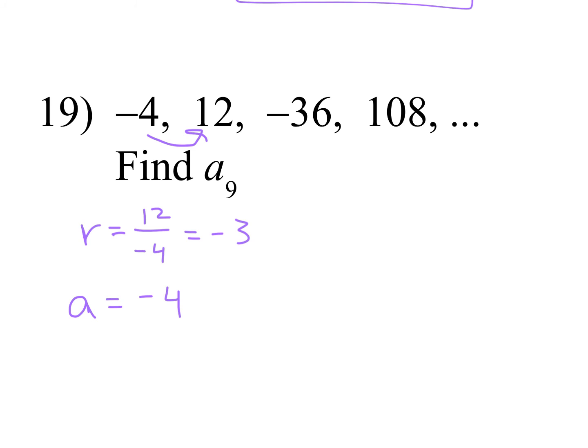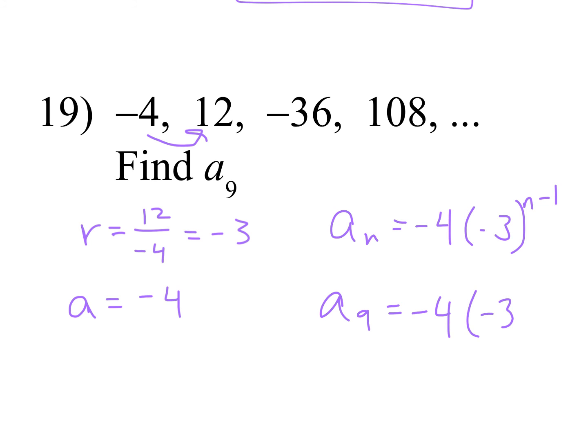Negative 4. So we plug that in. We have a sub n is equal to starting term times our ratio to the power of n minus 1. What are we plugging in for n here? 9. So negative 4 times negative 3 to the power of 9 minus 1.